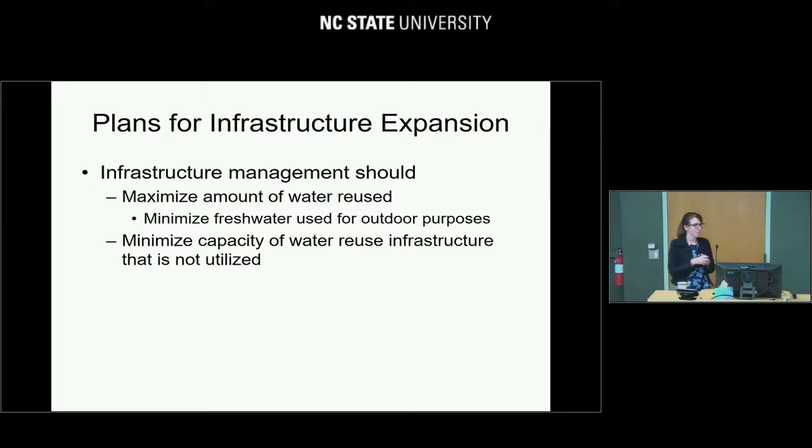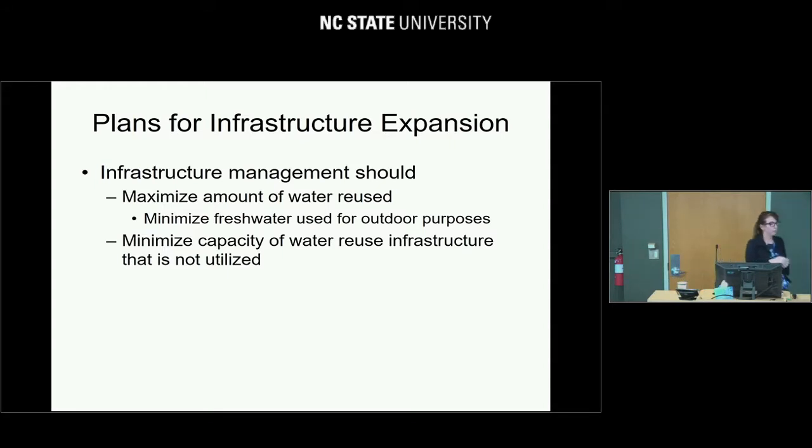From the engineering side, what's the importance of these adoption dynamics? What we want to look at is how we should be planning our infrastructure expansion if we are able to say something about the adoption projections. Infrastructure management in this case would have two goals.